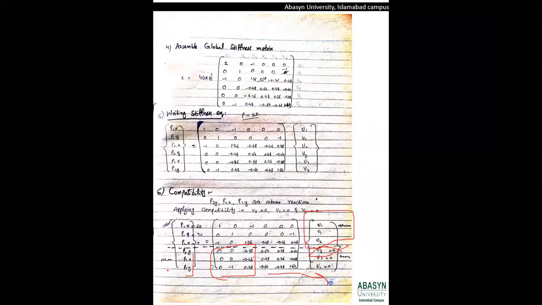Then you are going to find the element stiffness matrix for all members. And once you write down the element stiffness matrices for all the members, then you are going to assemble them to form a global stiffness matrix. Then we use the stiffness equation, that is P is equal to KD, followed by the application of compatibility, where we separate the known values from the unknowns.